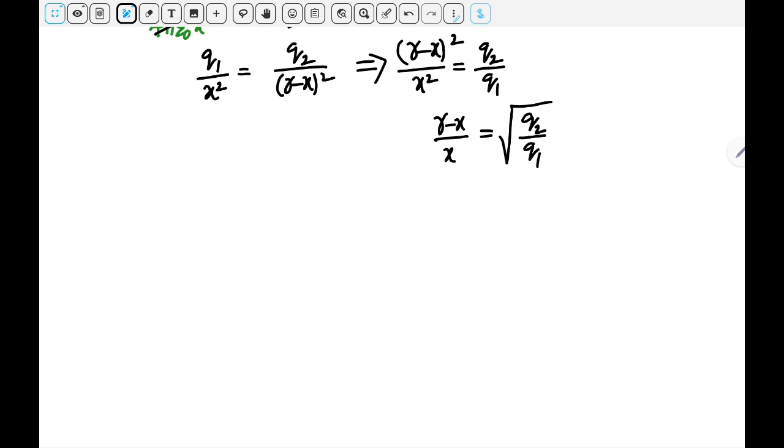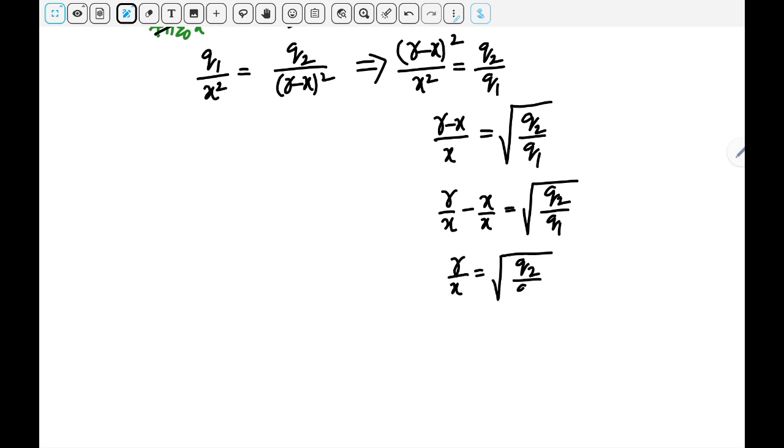Now applying the denominator x to both the terms r and x, you will obtain the equation as follows, which is r by x minus x by x. So x by x is 1. When you send it to the RHS, it becomes r by x is equal to under root q2 by q1 plus 1.